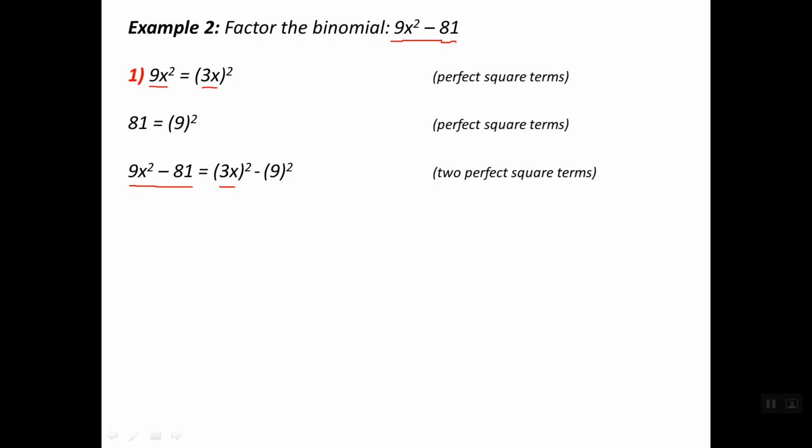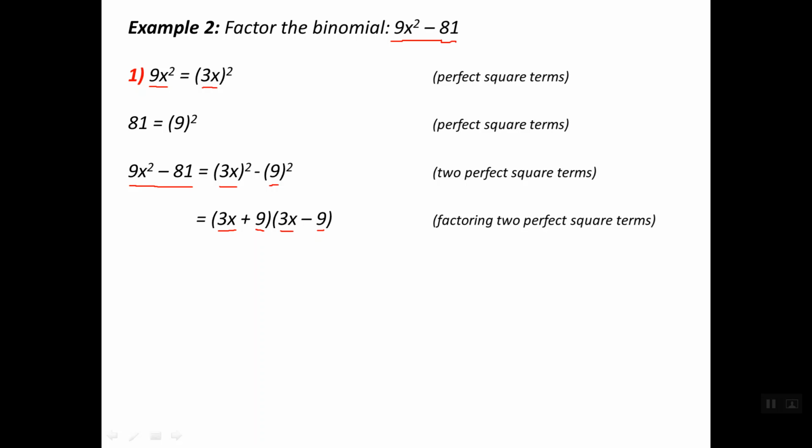This is the first term, which is 3x, and this is the second term, which is 9, and we have a minus sign between them. By applying the formula, the first factor is the first term, 3x, plus the second term, 9, multiplied by the first term, 3x, minus the second term, which is 9.